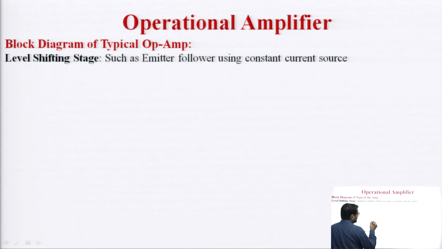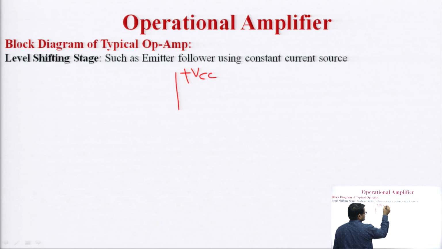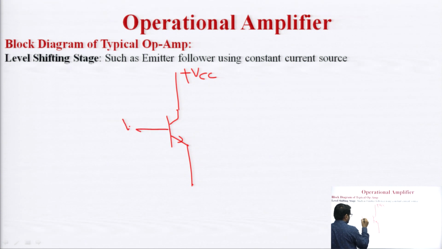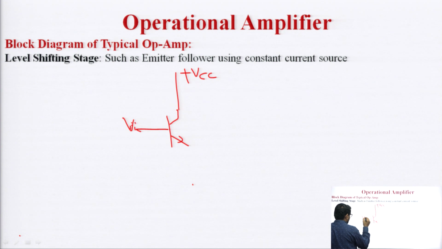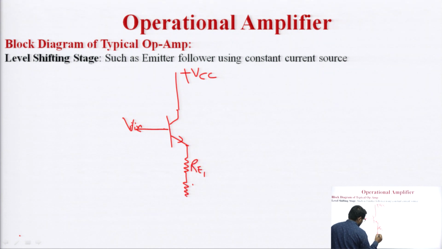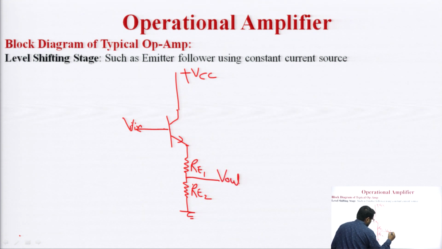It is basically a common collector with two resistances, let us suppose Re1 and Re2, and we take the output V out.